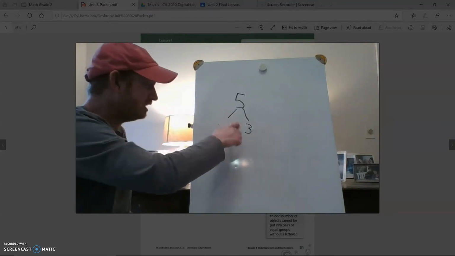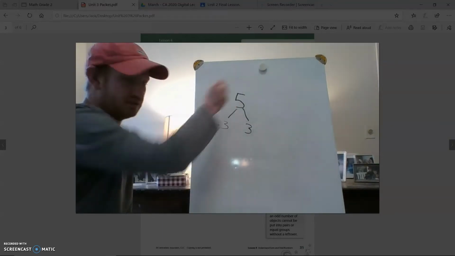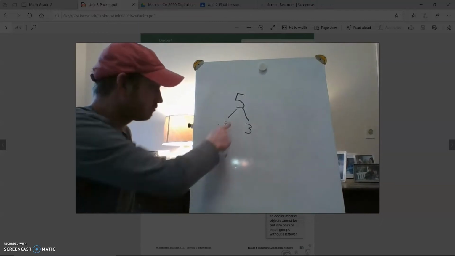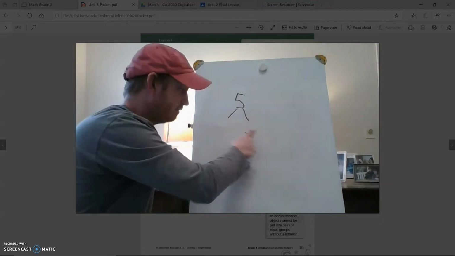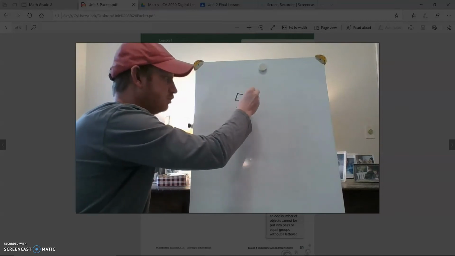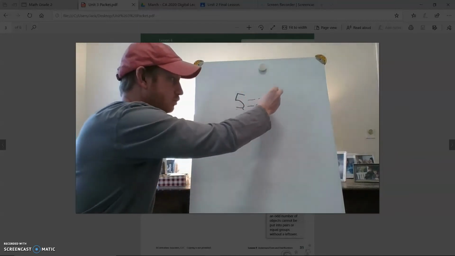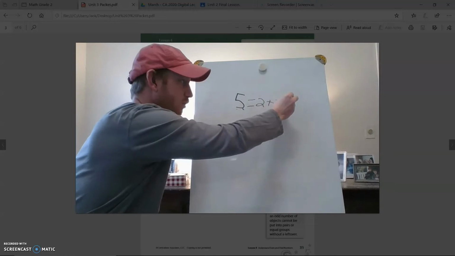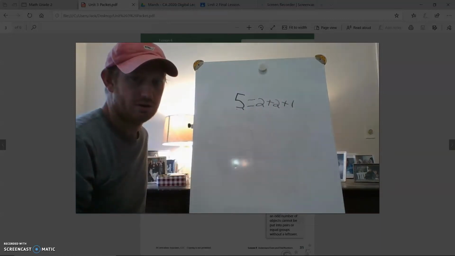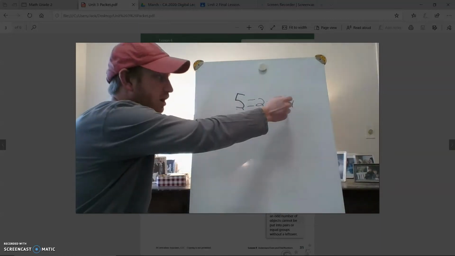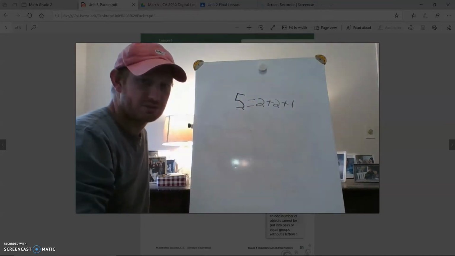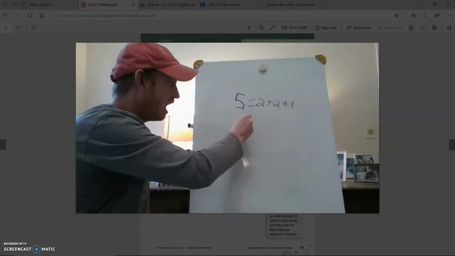And if we do 3 and 3, then we get 6. So it doesn't work. So we know that 5 is equal to 2 plus 2 plus 1. Because it has that extra 1, it's not two even groups. That means that it's an odd number.